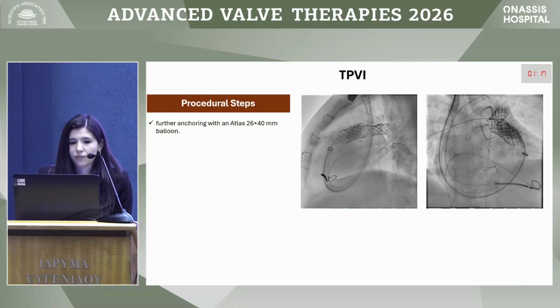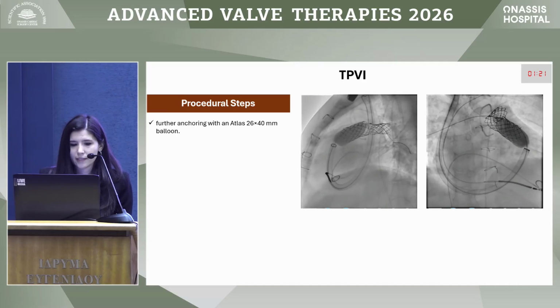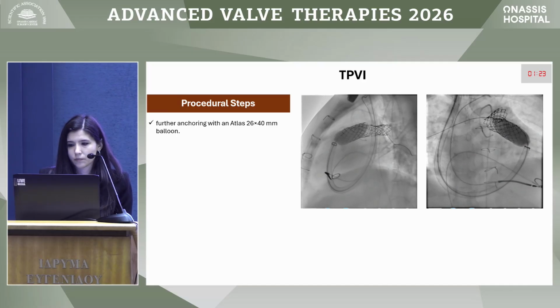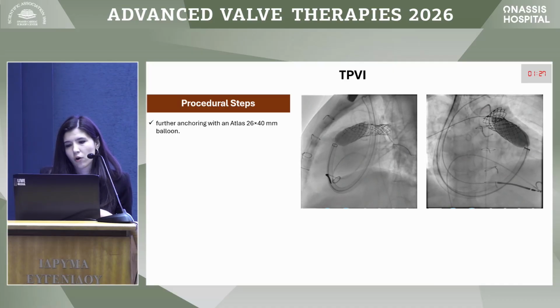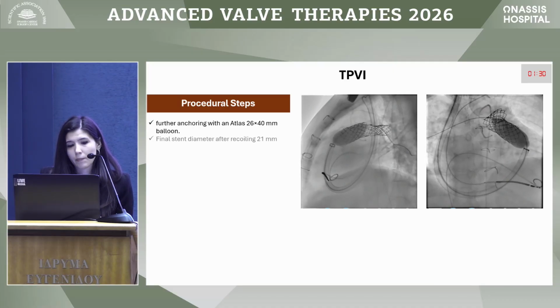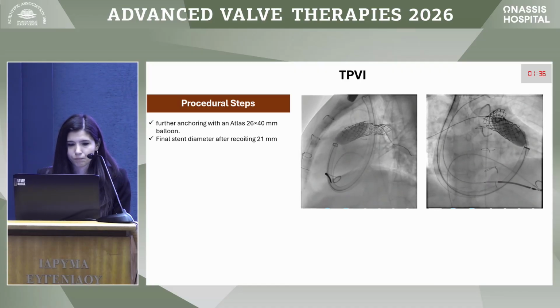After that, we did further anchoring of the stent with an Atlas 26 millimeters balloon. And you see that after the full expansion, we have some recoil. When we measure the final stent diameter after the expansion, it is 21 millimeters.